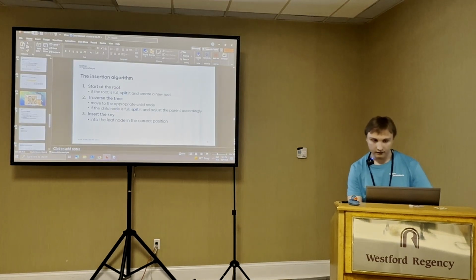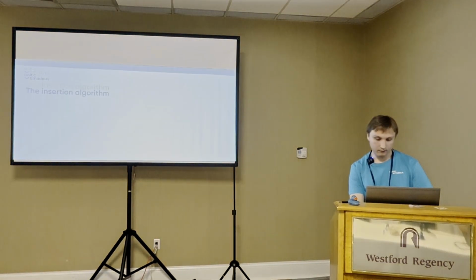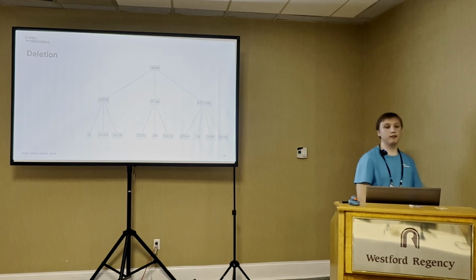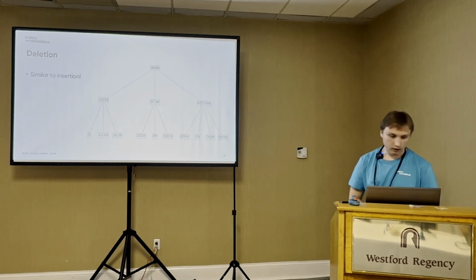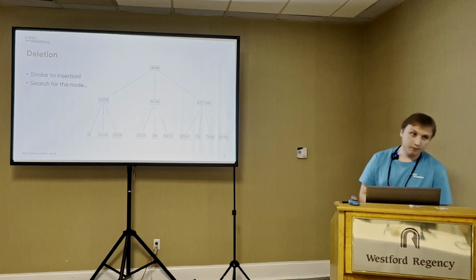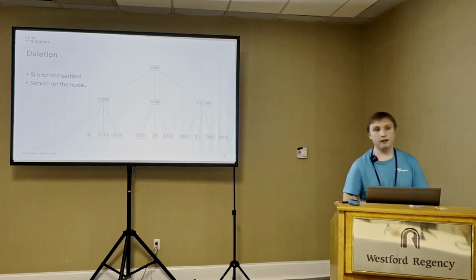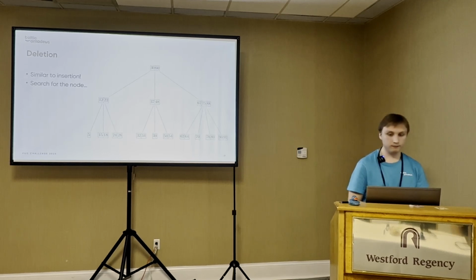So after insertion, we have deletion, which is kind of the antithesis of insertion. And the idea is pretty much the same. We search for the specific node, and then we delete it. But we have the exact opposite problem, that a node could be too small.